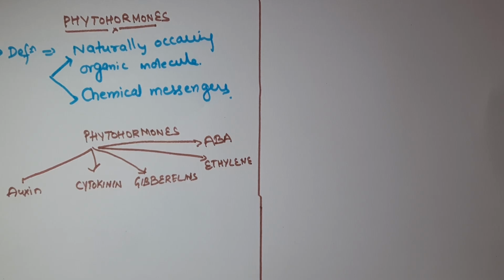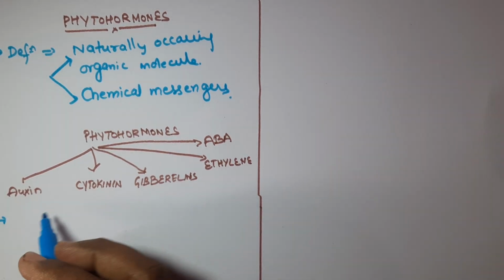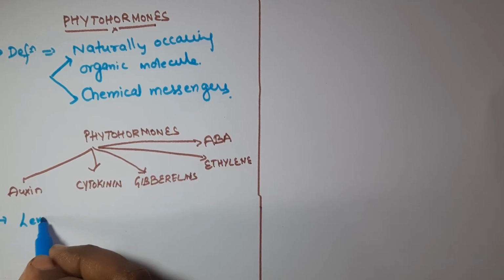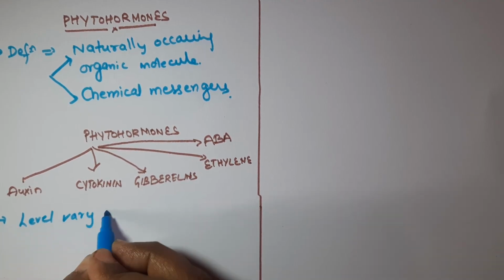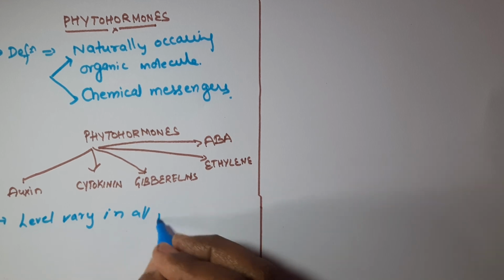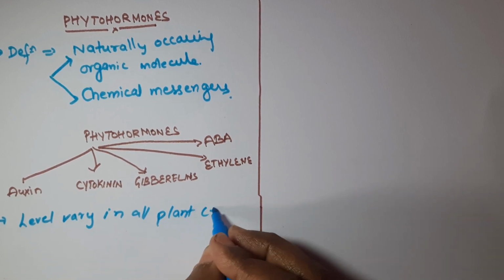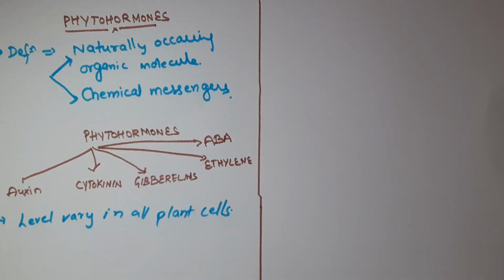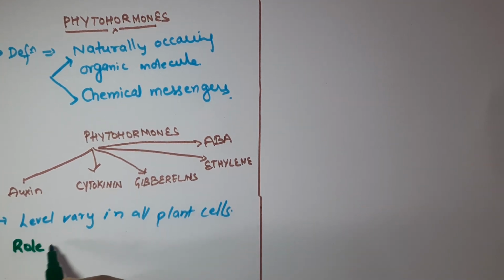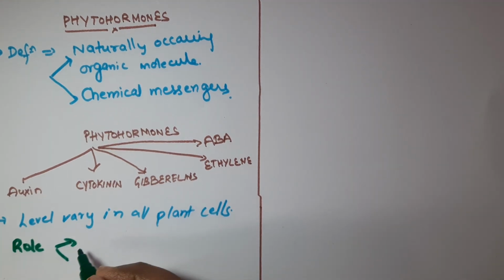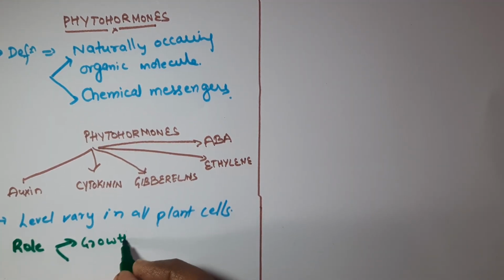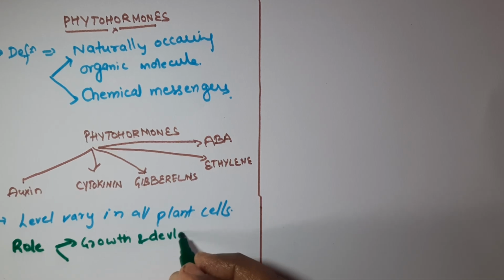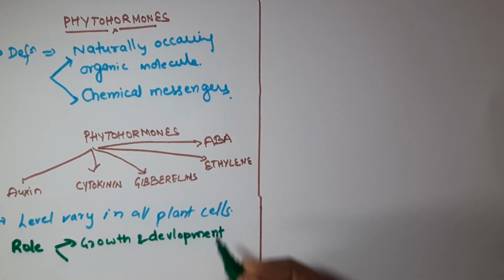Okay, so the thing you have to remember with the phytohormones is that their levels vary in all plant cells. Got it. Now, before moving on to the auxin, a brief look at the roles the phytohormones play. The first role is in the growth and development of the plant, or the tissue where they are present in a high quantity.